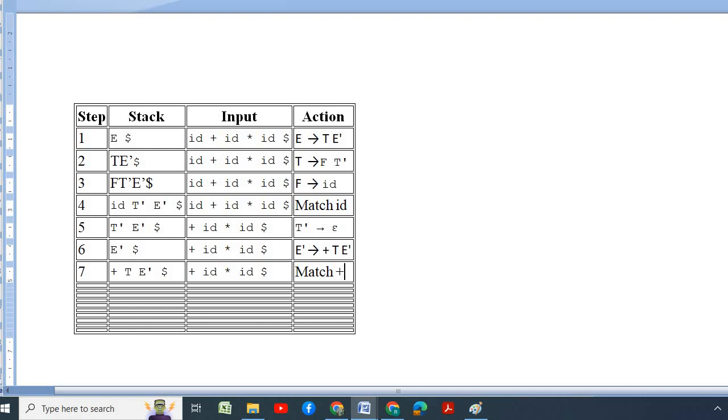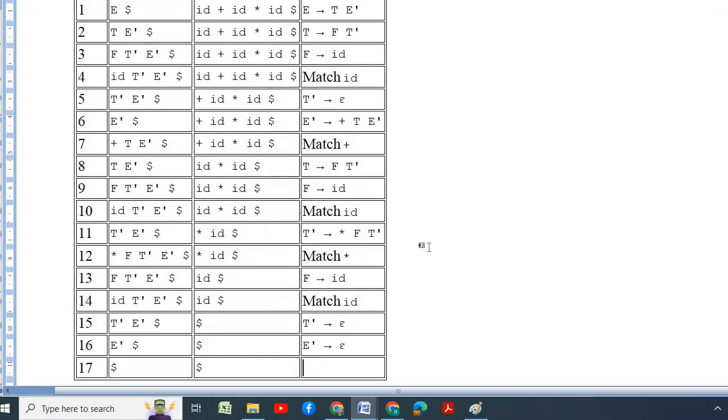The final output will be like this. So we have to repeat the steps for match plus, and after that T dash will be there and ID star ID. We have to perform the same steps which we have discussed. Finally, when we reach dollar and dollar, we can say the parsing has been completed successfully.